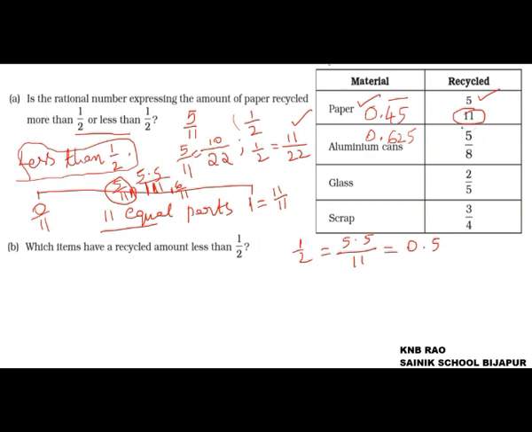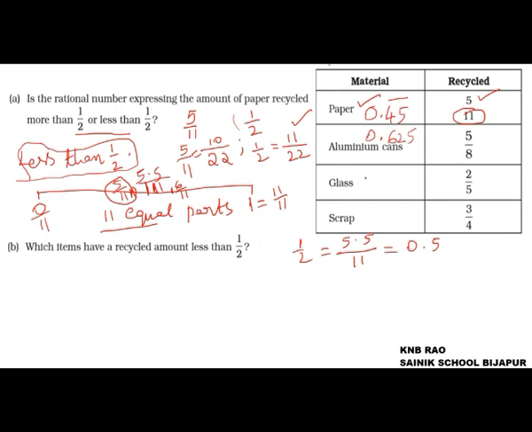Why it must be more than half? The same reasoning I'll do. When I have 1 unit divided into 8 equal parts, that amongst 8 equal parts, 4 by 8 represents half and 5 by 8 is more than half. So that way I can straight away think and tell.